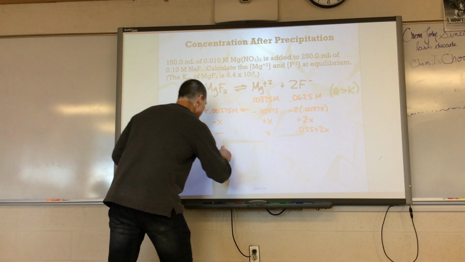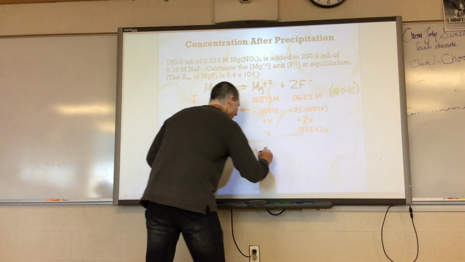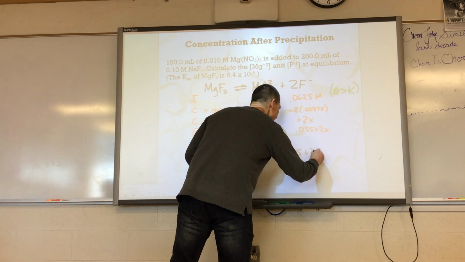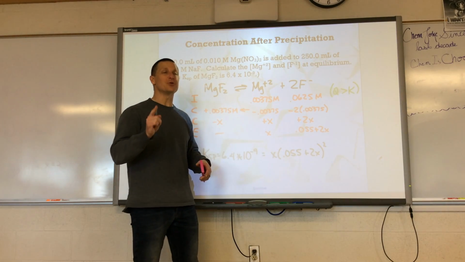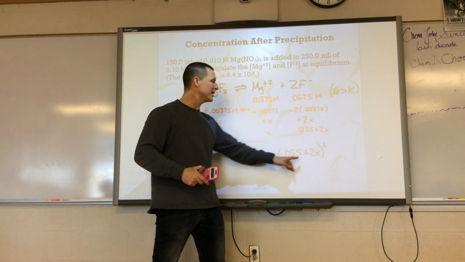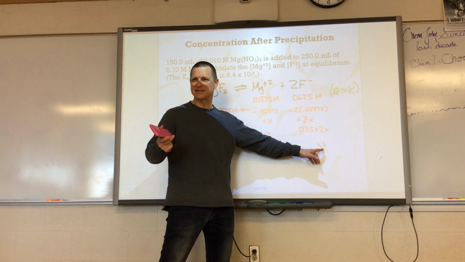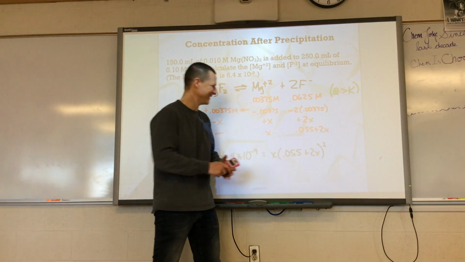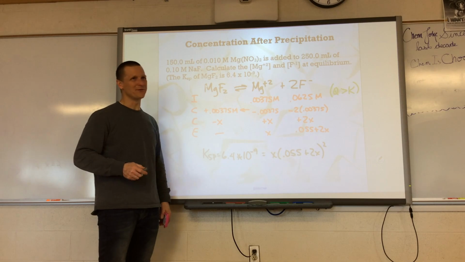The Ksp is 6.4 times 10 to the negative 9. x times 0.055 plus 2x. Now, if you did it right, then you have it set up like this and you remembered to square that second term. That's the biggest mistake I've seen today. So don't forget about squaring that one. Watch out for those coefficients.